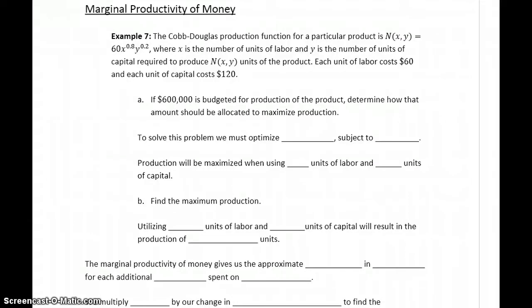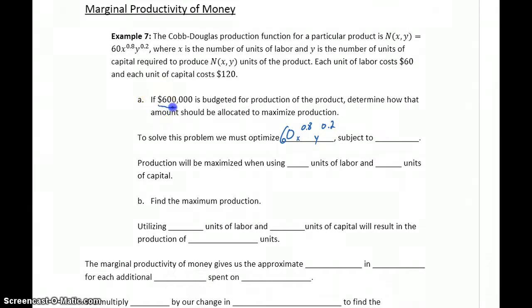If $600,000 is budgeted for production of the product, we want to determine how that amount should be allocated to maximize production. Again, similarly, we'll spend some amount on labor, some amount on capital. So to solve this problem, we need to maximize that Cobb-Douglas production function subject to some constraint.